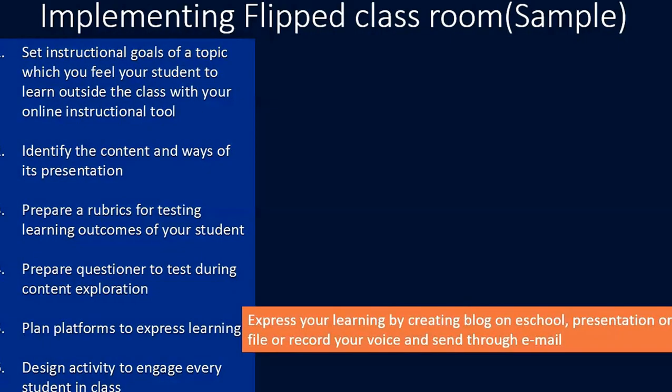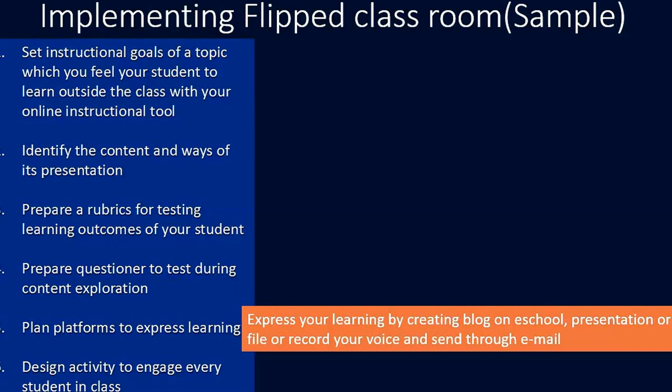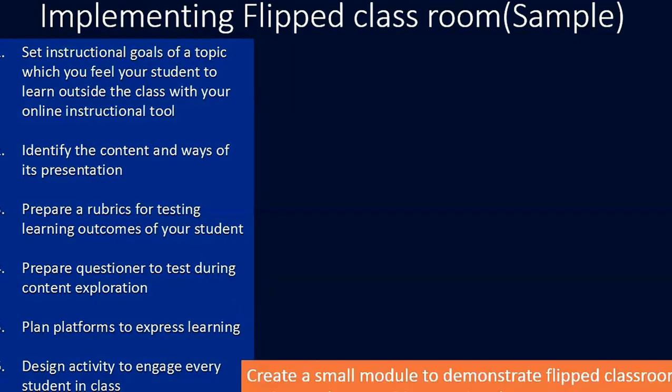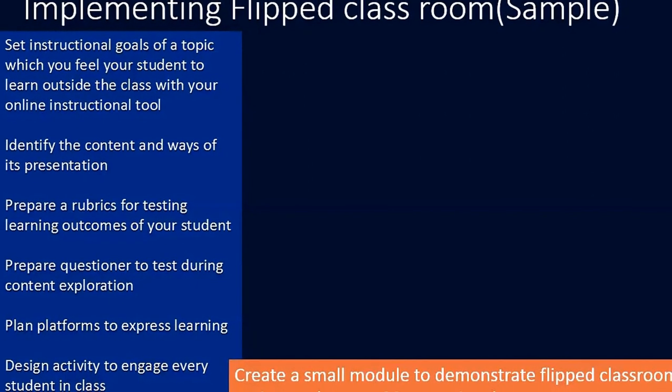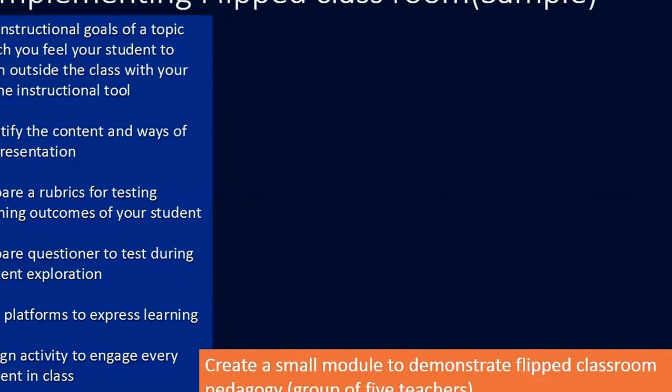What I need now is to plan the platform to express the learning. You may express your learning by creating a blog or school presentation, or you may design a Word file and write the contents in it, or you may record and send a mail to me. Then the last is creativity, which I am going to test by asking you to create a small module to demonstrate the flipped classroom pedagogy.